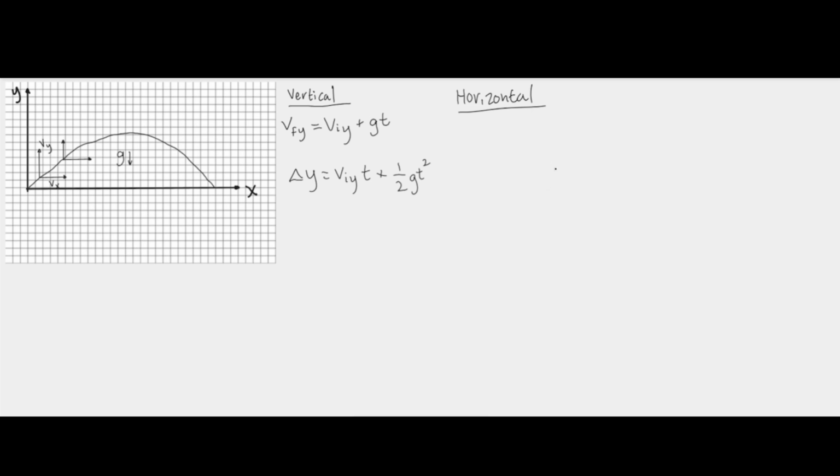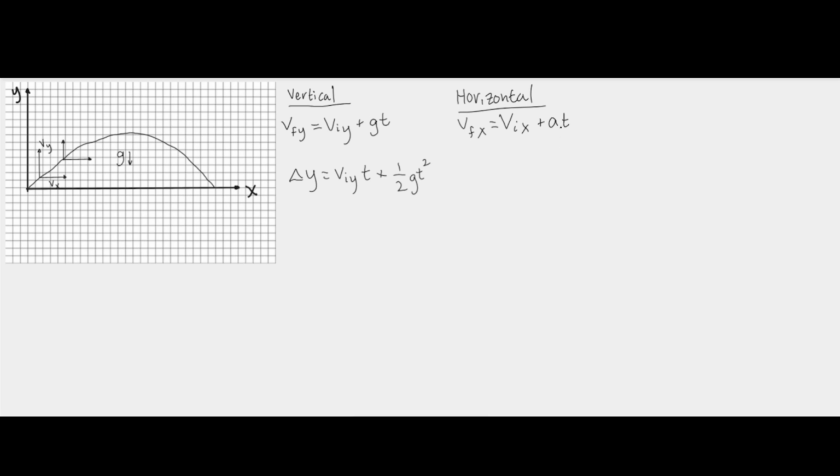Let's look at the velocity equation and write it out. Let's say v final in the x direction equals v initial in the x direction plus some acceleration times time. Notice I did not put g here because g is only working in the vertical direction. g has nothing to do with the horizontal component.